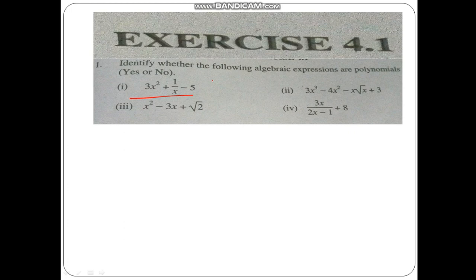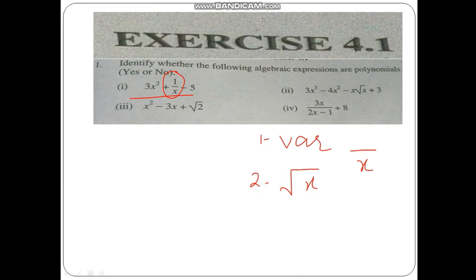So here you can see that this is not considered a polynomial. Why? Because the variable is in the denominator. We have said that, number 1, the variable should not be in the denominator. Number 2, the variable should not be under a root sign, square root or cube root.